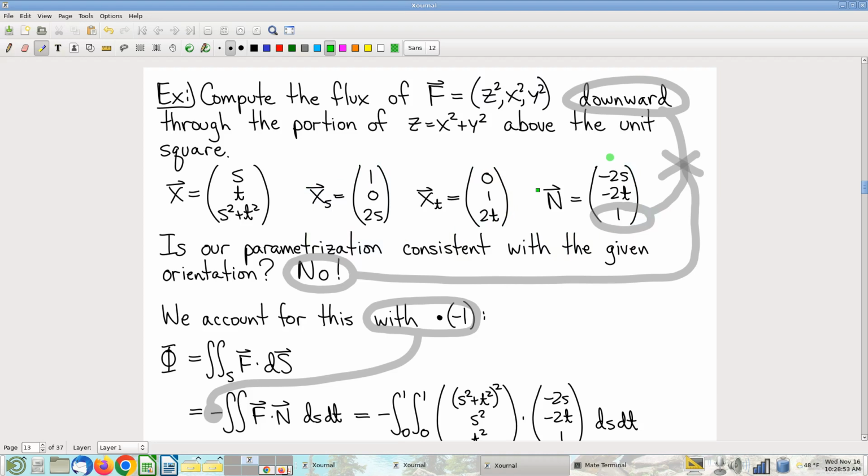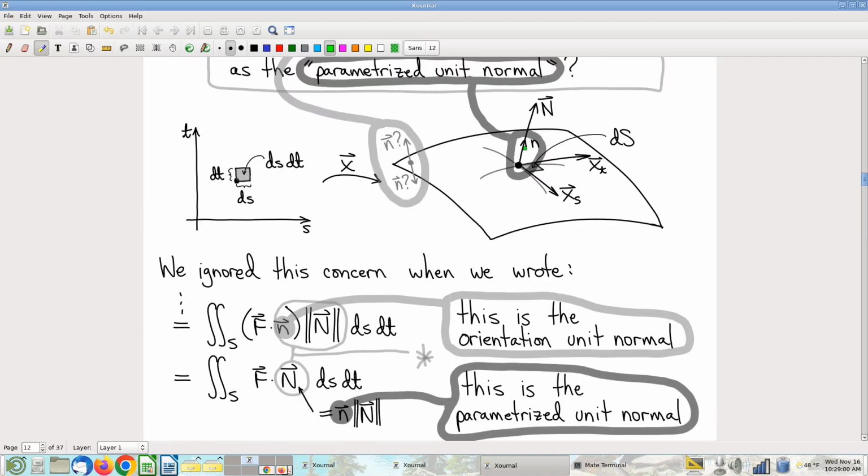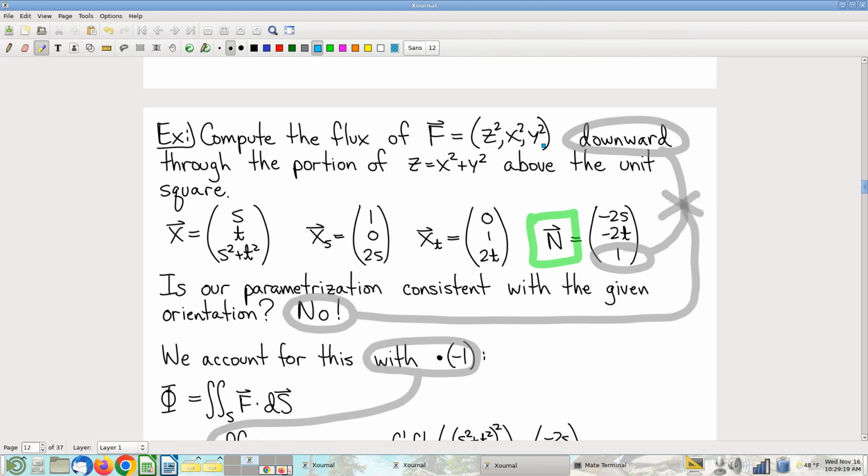Here's where you have to say, okay, now that I know what my capital N vector is, going back up to this picture, I know what direction my parameterization is pointing now. And I have to then compare that with which direction my surface is oriented by definition. Okay, so looking back down to here, let's see here.